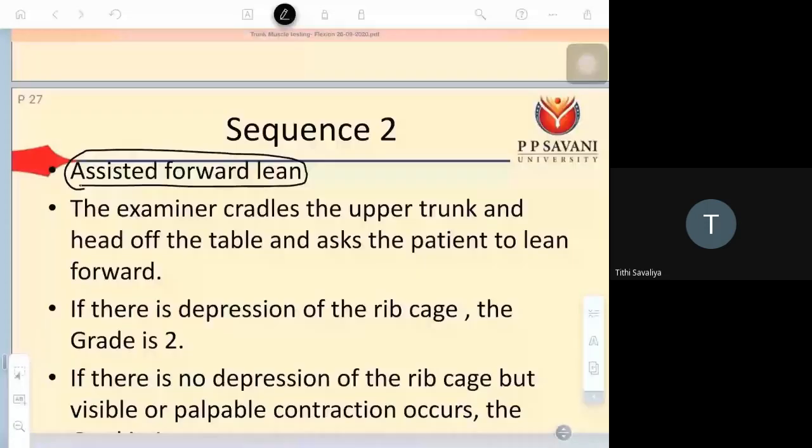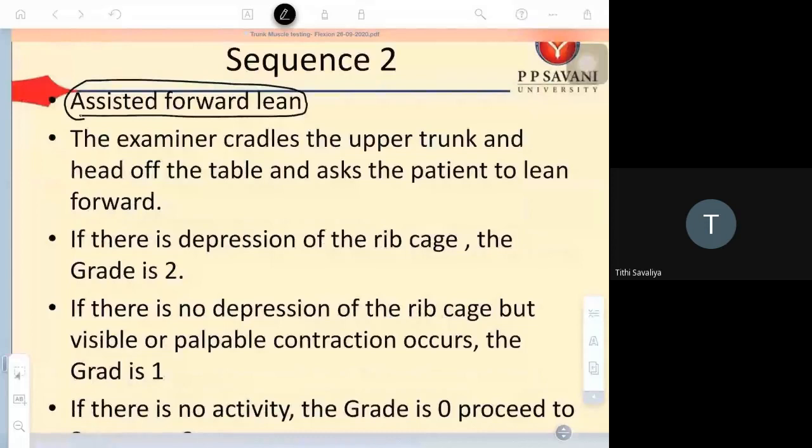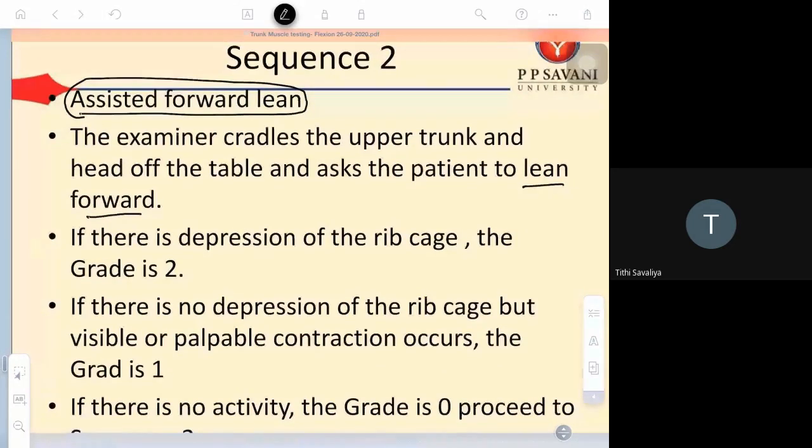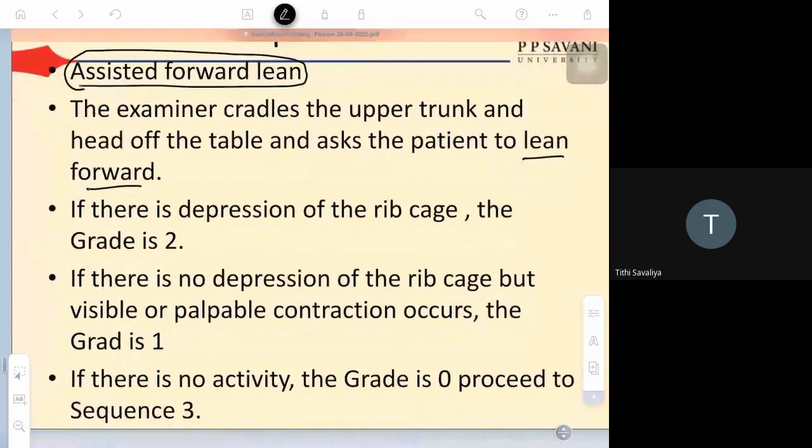The examiner cradles the upper trunk and head off the table. That is, he is giving support. And now he is asking the patient to lean forward. After giving support, he is asking the patient to lean forward. If there is depression of the rib cage, you have to practice practically. If you have any models at home, practice these sequences.